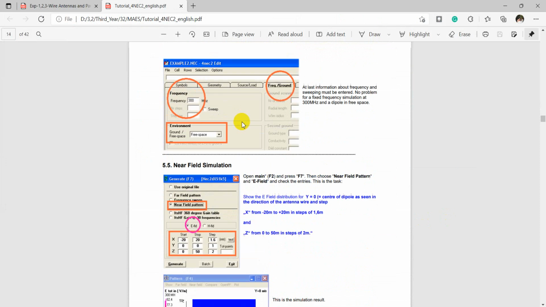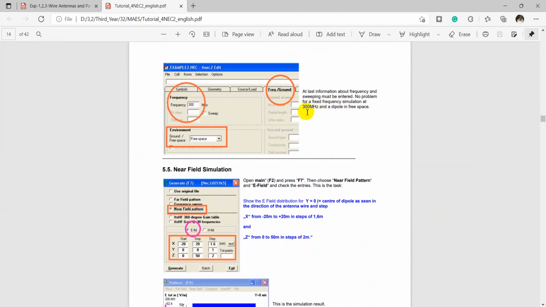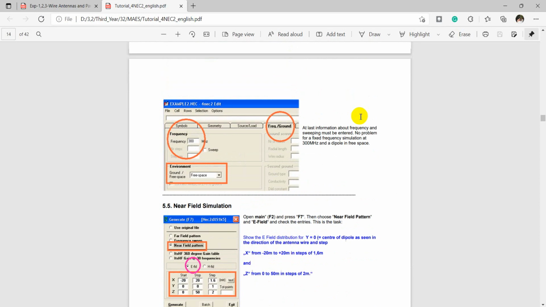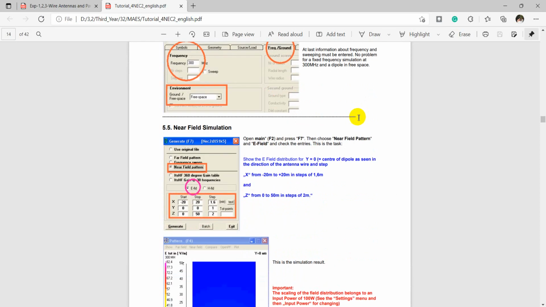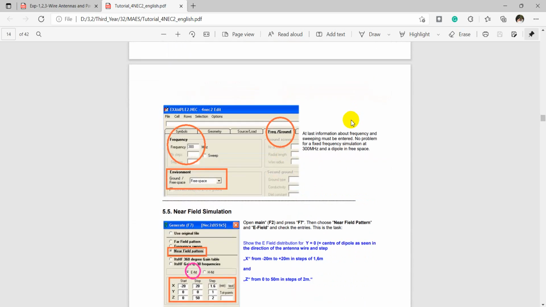At last, the information about the frequency and the sweeping must be entered, and there is no problem for a fixed frequency simulation at 300 MHz and a dipole in free space.